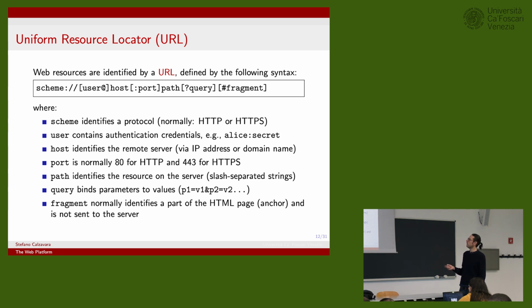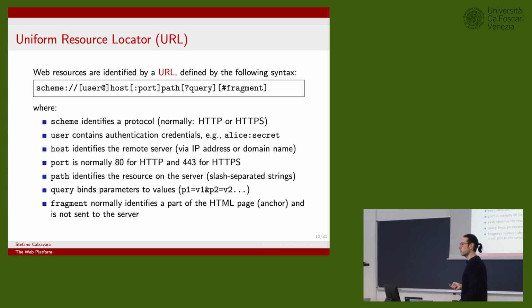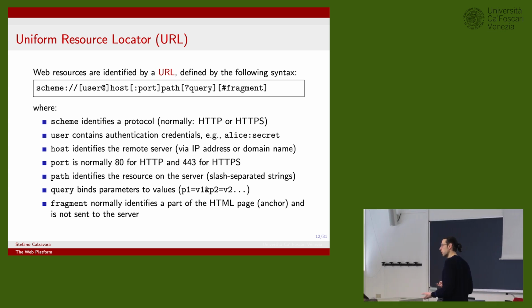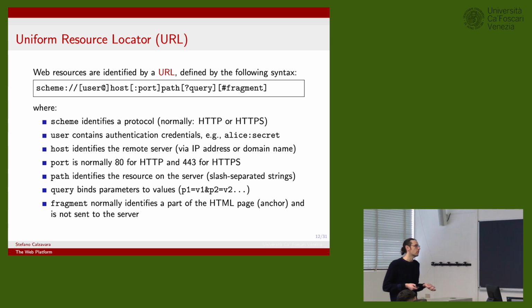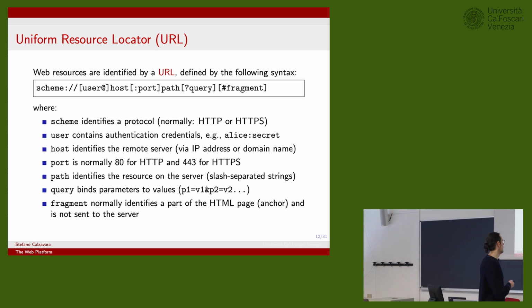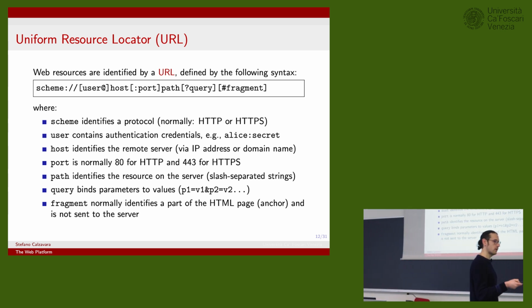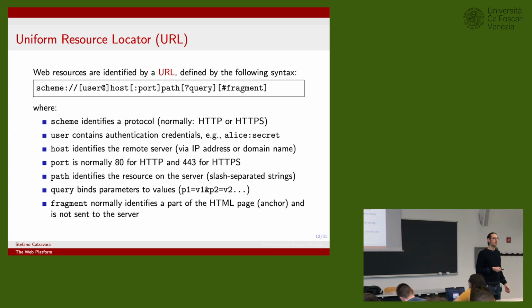The server is identified either using an IP address, which identifies a specific machine, or most commonly using a mnemonic name, which is called a domain name, such as google.com, unive.it, whatever. We're going to talk about the domain system in a moment. And the path, similar to what happens on the file system, is a slash-separated string which identifies one specific resource on the server.